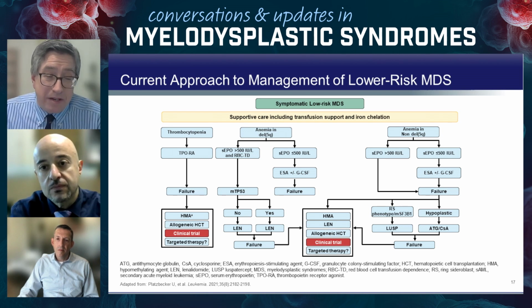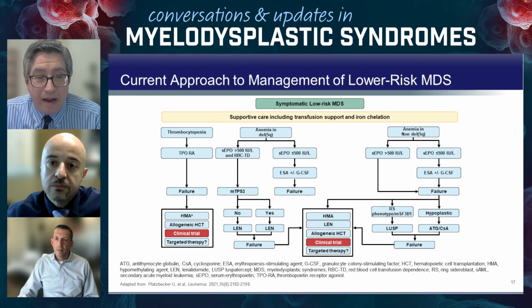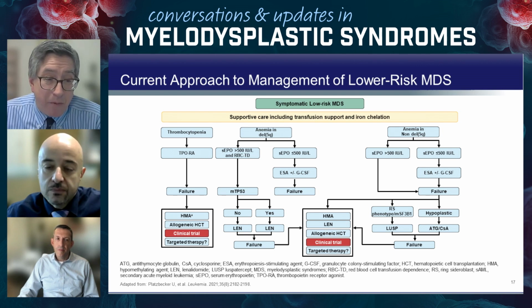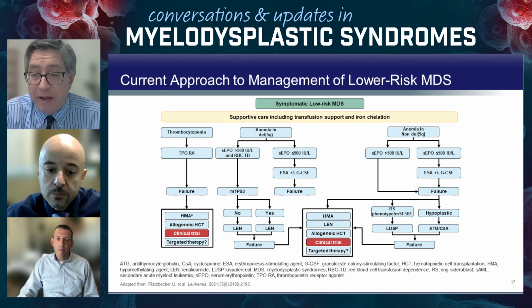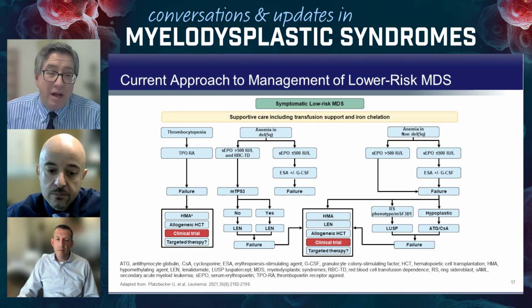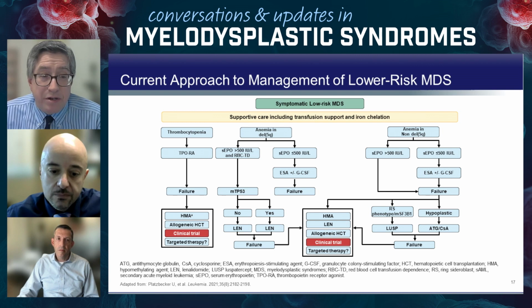Focusing on at least trying to establish some ground for discussion, I'd like to start by focusing on patients with low-risk disease who are anemic. And what I mean by anemic is requiring some degree of red blood cell transfusion dependency. And so, the common approach or approaches that are available, first is erythropoietin-stimulating agents.